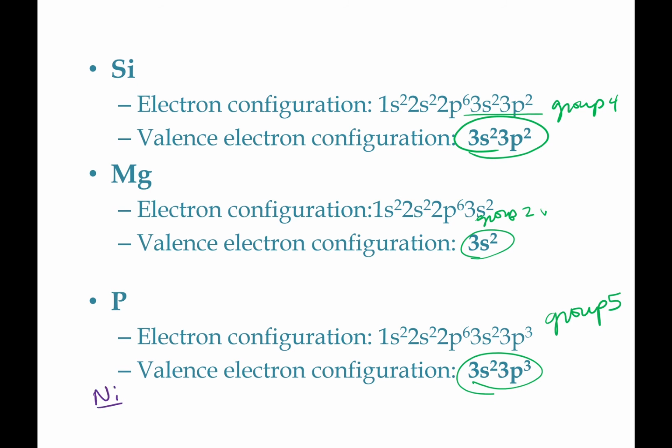Nickel is number 28. Well, let's look at what comes first. It'll be argon, argon 4s2 3d, 1, 2, 3, 4, 5, 6, 7, 8. So how many valence electrons does nickel have? 2.